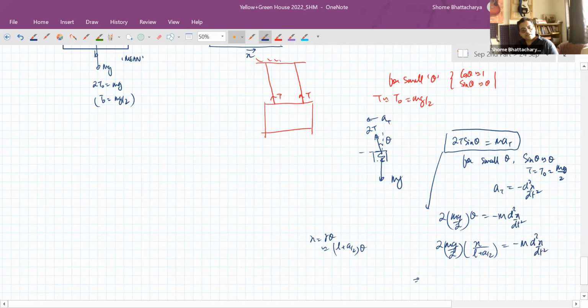So ultimately we get our SHM equation like this: d2x by dt square is equal to minus of g divided by L plus a by 2 into x. So this is our SHM equation.